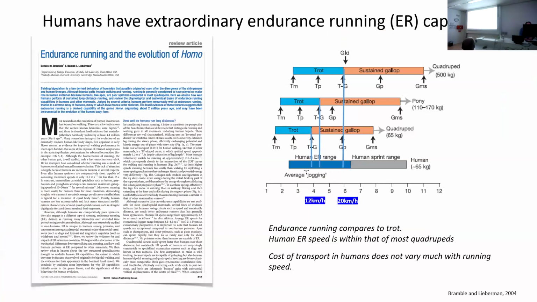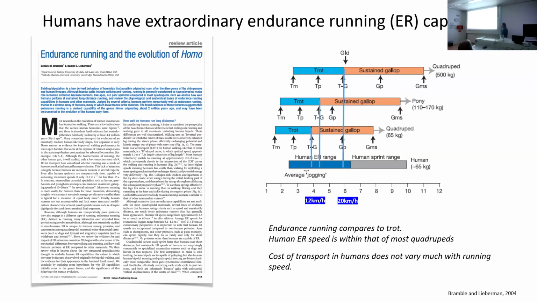And the interesting thing here is that if we look at the velocities of running in humans, then we can see that the human endurance running speed shows a wider range compared to quadrupeds. And the interesting thing is also that all of the quadrupeds are somehow inside the endurance running velocity range of the modern humans.